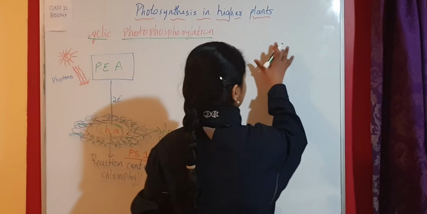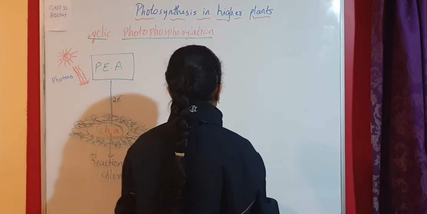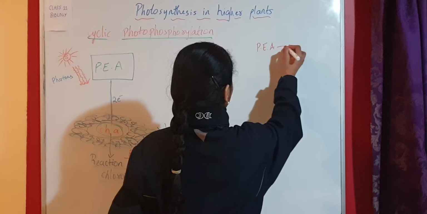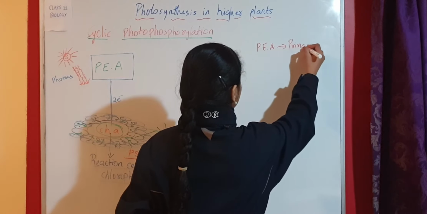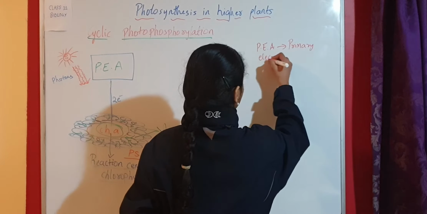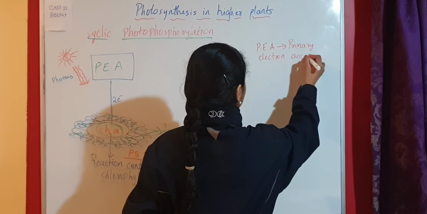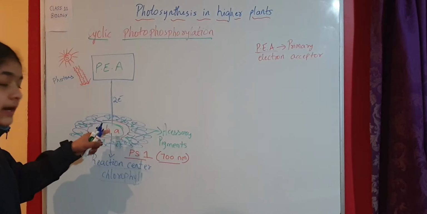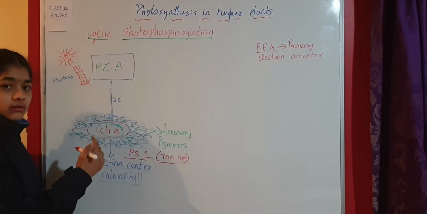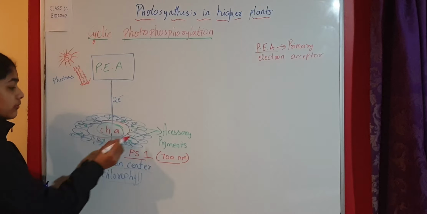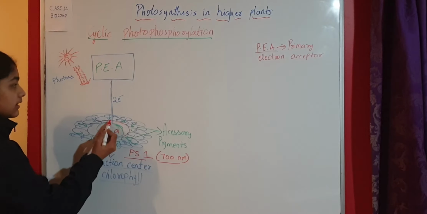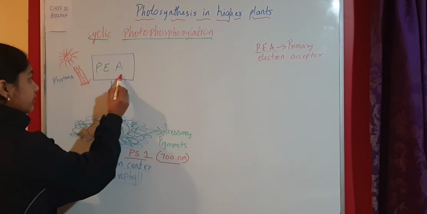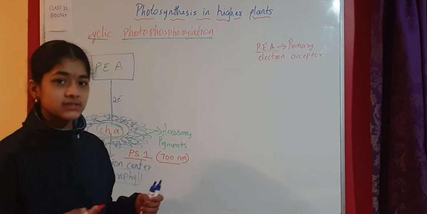So here you are going to write the abbreviations. PEA is primary electron acceptor. So a pair of electrons is going to get excited from this chlorophyll A molecule, and it goes to the primary electron acceptor, which is going to accept the electrons.